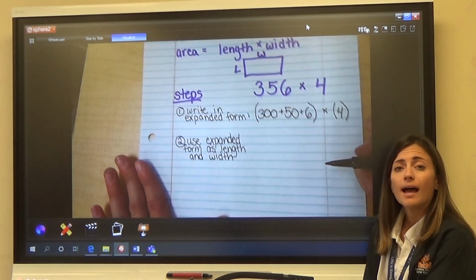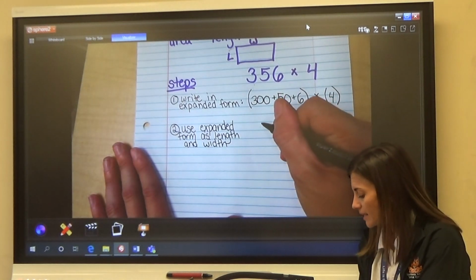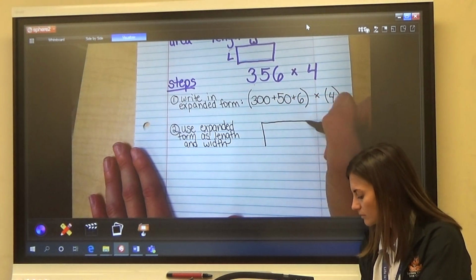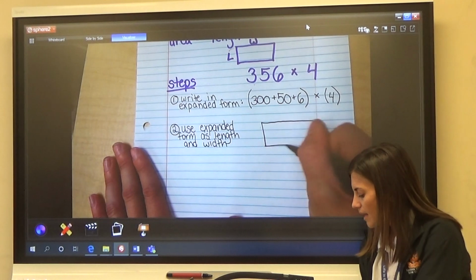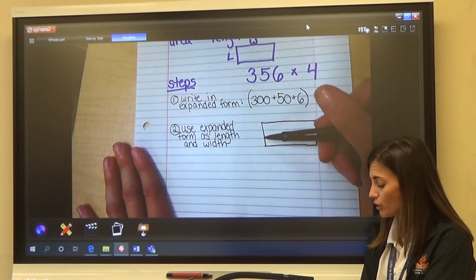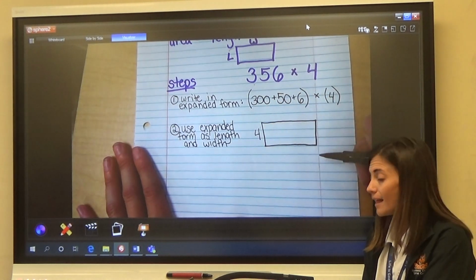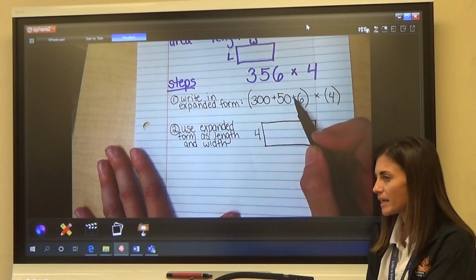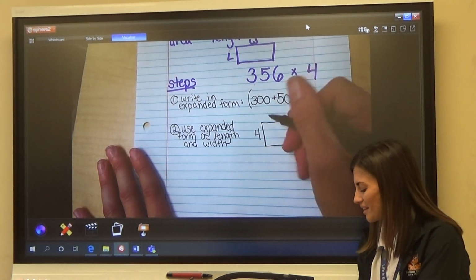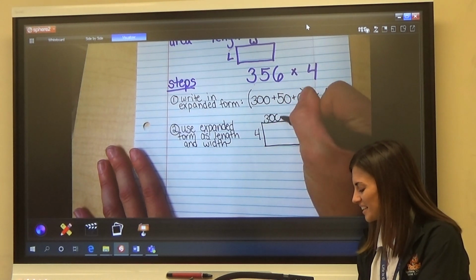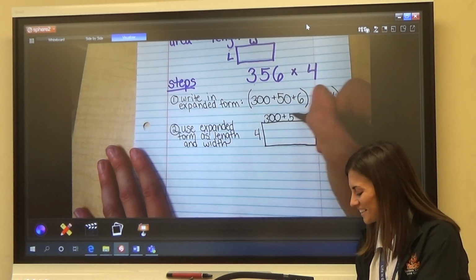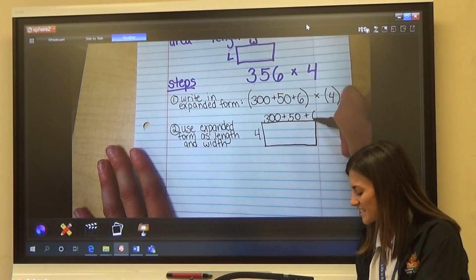Well, let's start with a rectangle. And we're going to put our smaller number always on the side. That's going to be a 4. Then we're going to use the expanded form as our width. 300 plus 50 plus 6.